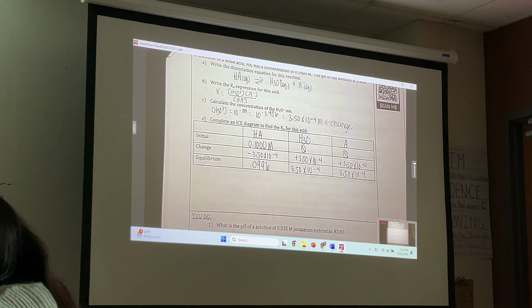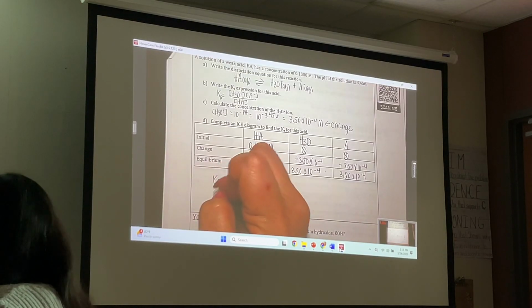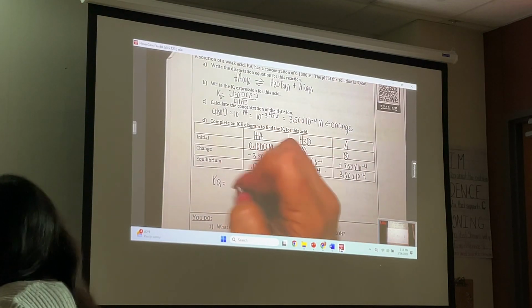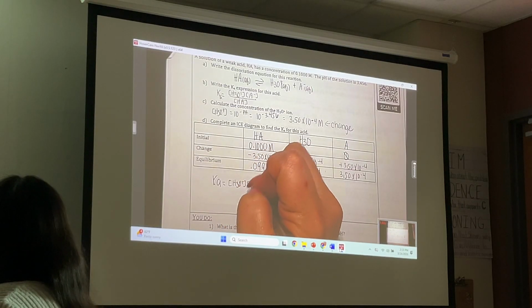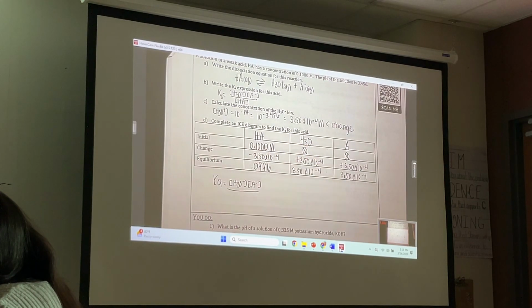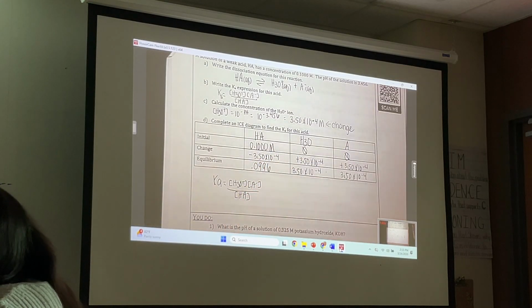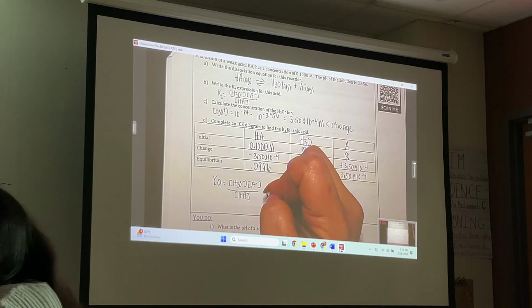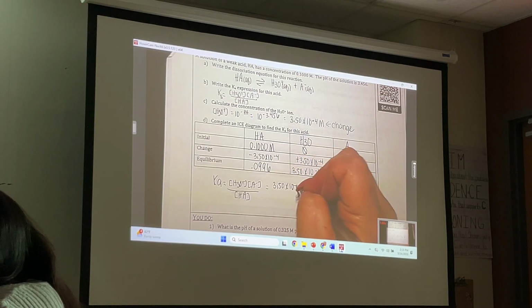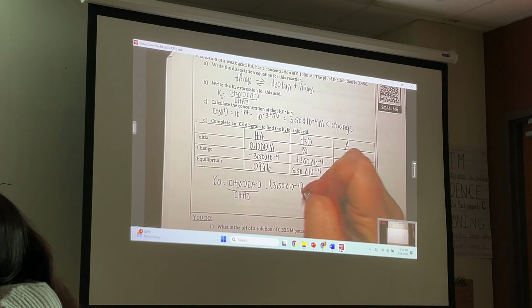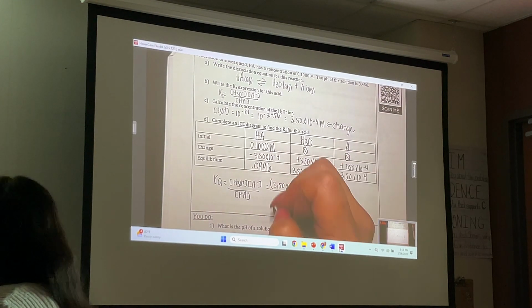Now let's go ahead and find my Ka for everything. We said that our Ka expression was my hydronium times my A- divided by my weak acid. We have all our stuff. Let's fill in our blanks. We have 3.50 times 10 to the negative fourth. I'm just going to square it because it is the same, divided by 0.0996.